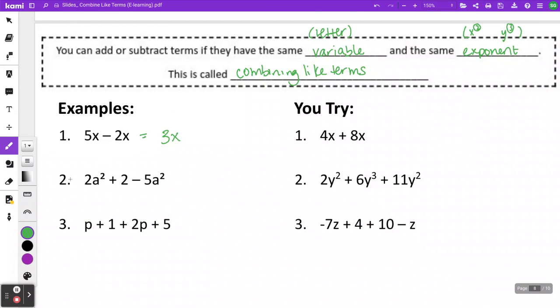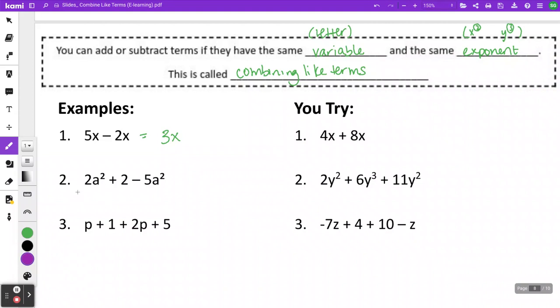For number 2, I notice I have 1, 2, 3 terms in this problem. So just like we said, before I do any math, I'm looking to see which terms can I combine. Which terms have the same variable and the same exponent? Notice in this problem, not all of them do.